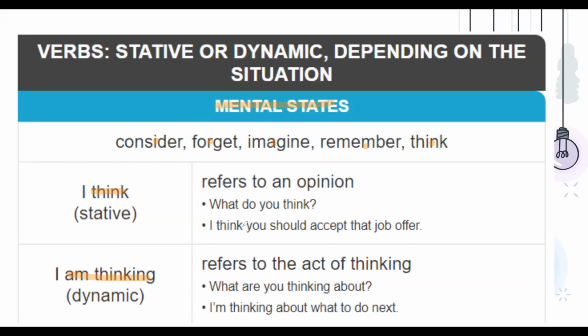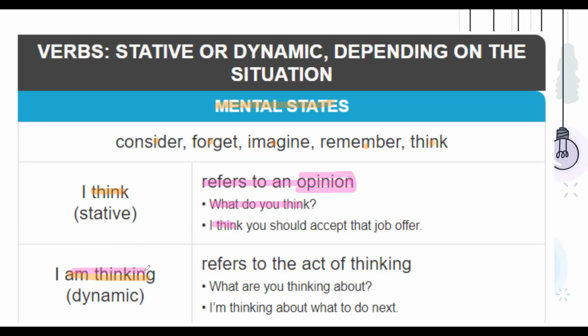Now, it's not just putting them with ing just because. There's a reason for that, and there's a difference in meaning when we use them as stative or as dynamic. So when I say I think, it refers to an opinion. Like, for example, what do you think? Or I think you should accept that job offer. So it's my opinion, it's what I consider.